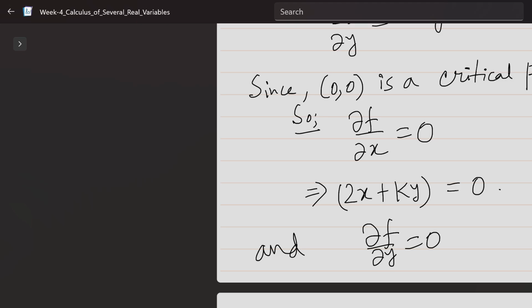Now what you have to find? You have to find what is k, so that 0, 0 is a critical point. So can you tell me when 0, 0 is a critical point?